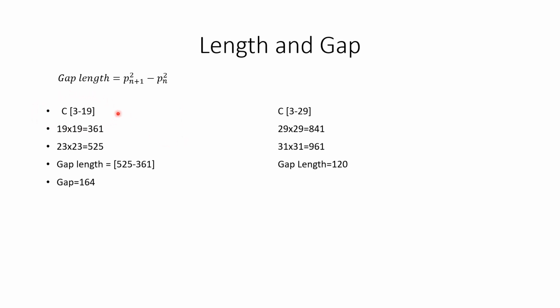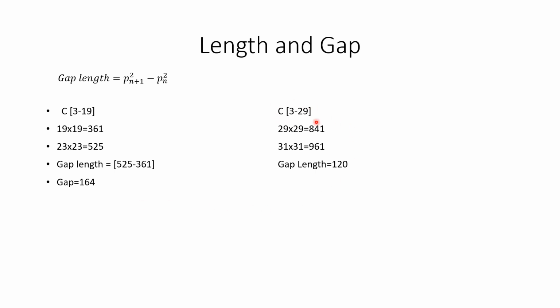If we have the cycle of 3 through 19, the cycle of all the prime numbers 3, 7, 11, 13, 17, and 19 merged together in a single cycle, then Pn plus 1 is 23 and Pn is 19. The gap length, the difference of 529 minus 361, is 168.